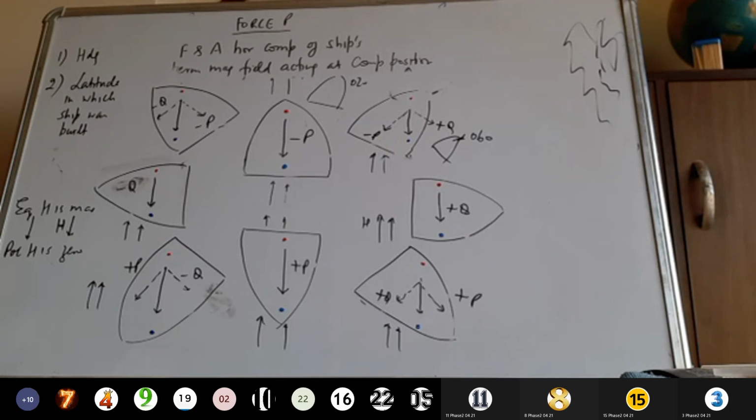So a vessel which is built closer to the equator, where the inducing force H is maximum, will have more P and Q compared to a vessel which is built in the higher latitude. Did you get this point?